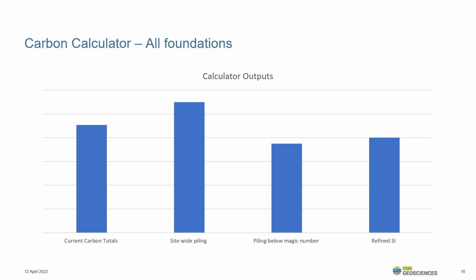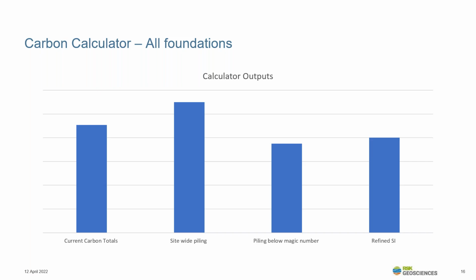This gives you an approximate 20% carbon saving on our current carbon totals. The reason that 20% isn't bigger on this site is because there's quite a large number of foundations already at 1.5 metres, so it doesn't appear as large a saving as when we've modelled other sites.